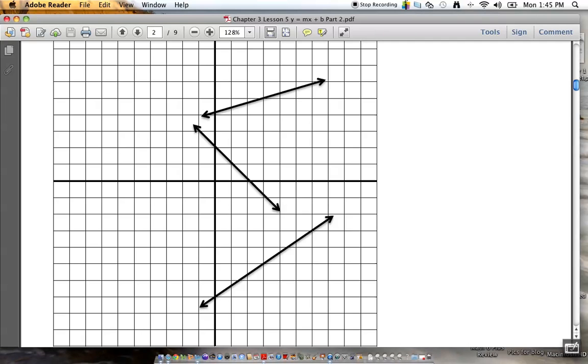What I would like you to do now is talk to somebody sitting around you, work together, and figure out the equations for those 3 lines. I'll give you 2.5 minutes to get those 3 lines done. Go. Work together, don't sit there quietly.